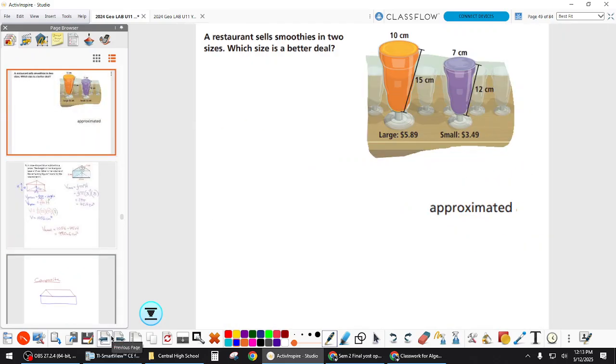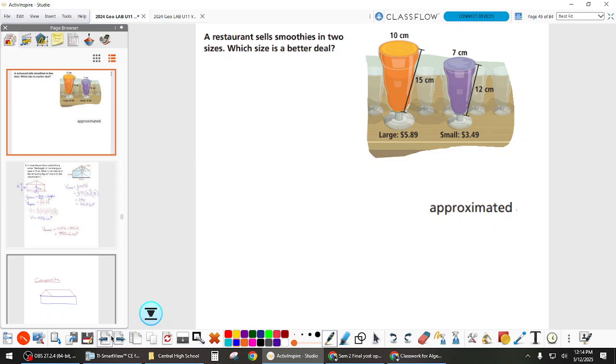And, oh, real quick on this one. Have you ever had something like this, says smoothie or like an ice cream, like a milkshake, in a glass shape like that? What is it wanting us to do? It says which is the better deal. So it's giving a price and dimensions. What do you think it wants you to do?